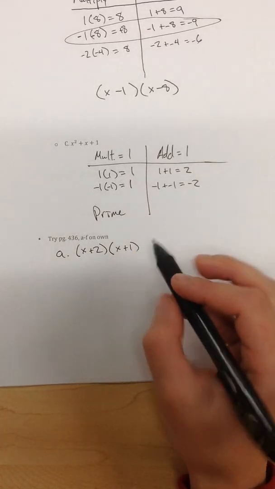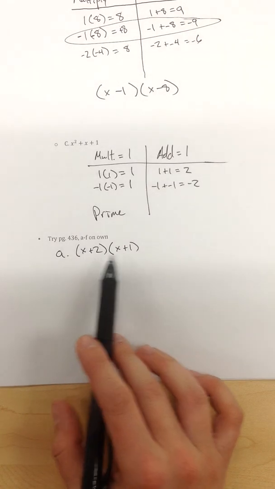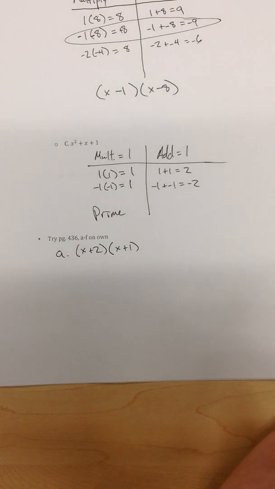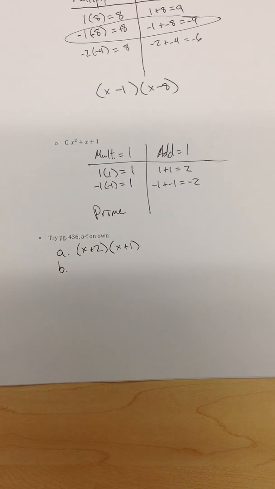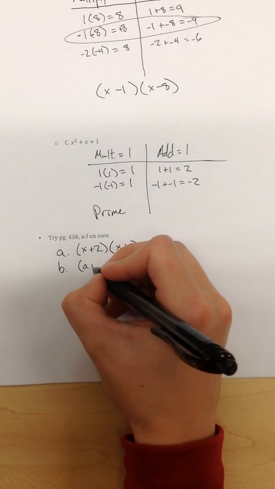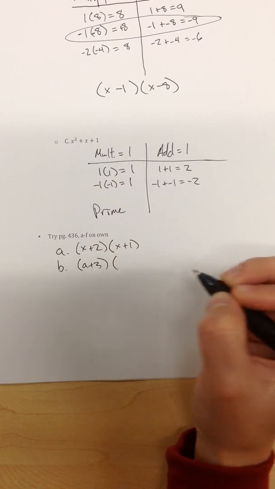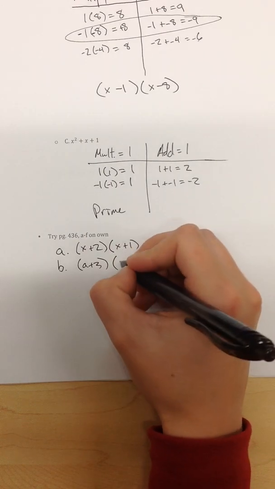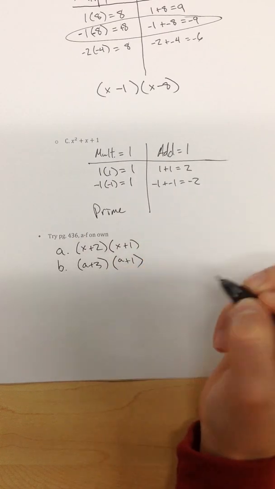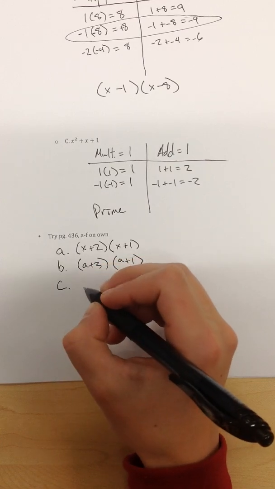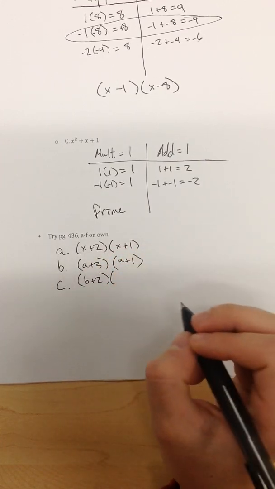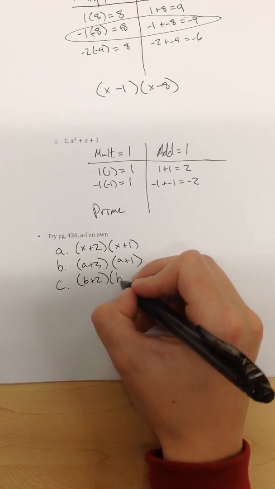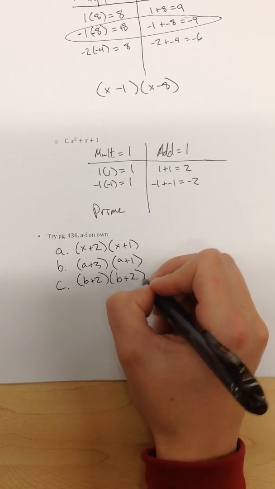Now, if you had this written out as x plus 1 first and then x plus 2 at the end, that would be totally fine too. Then our B is a plus 3 and a plus 1. C is b plus 2 and b plus 2, so that actually came out to be the same numbers there.